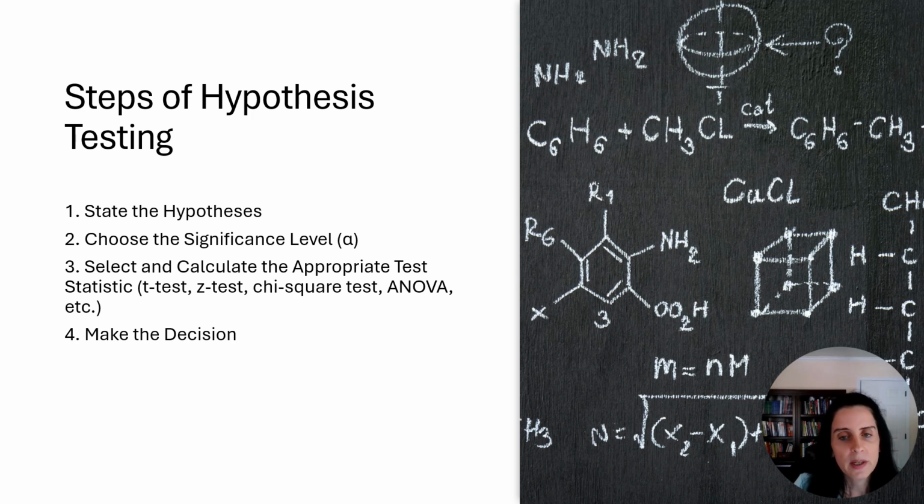Specifically, if the sample test statistic exceeds a specific critical value or a cutoff value and has a probability lower than alpha, we reject the null hypothesis and we accept its alternative. If the test statistic does not exceed a cutoff value and has a probability higher than alpha, then we accept the null hypothesis and we reject the alternative.